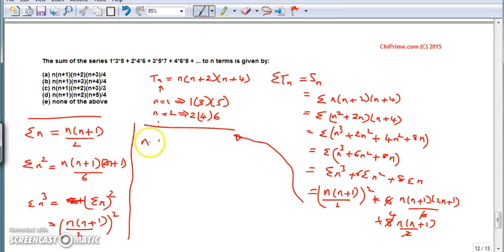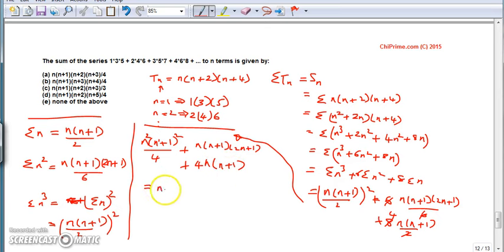We then get n squared times n plus 1 squared over 4, right? Because we're taking out the square, plus n times n plus 1 times 2n plus 1, because the 6 cancelled out, plus 4 times n plus 1.